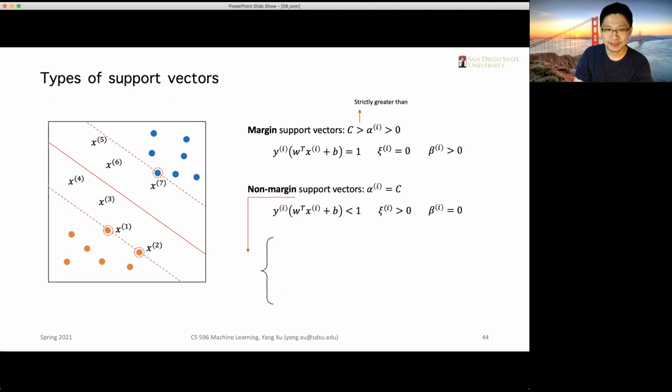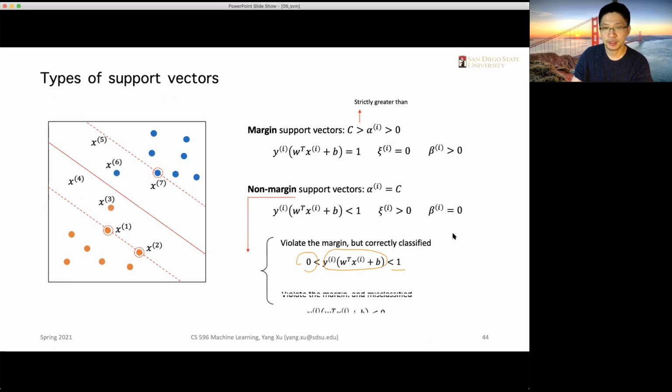There are also two cases. For example, x3 and x6 simply violate the margin but are correctly classified. So this quantity is still greater than 0, it's just smaller than 1. But for the other cases that violate the margin, these are the misclassifications, and in those cases y times this linear expression is smaller than 0.